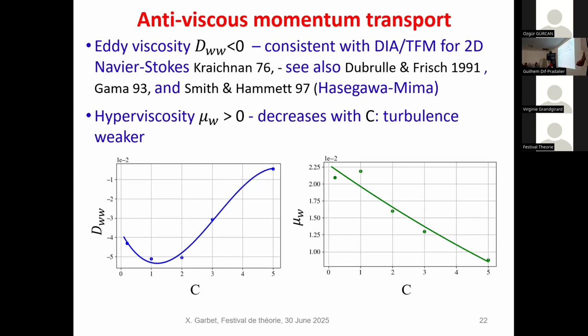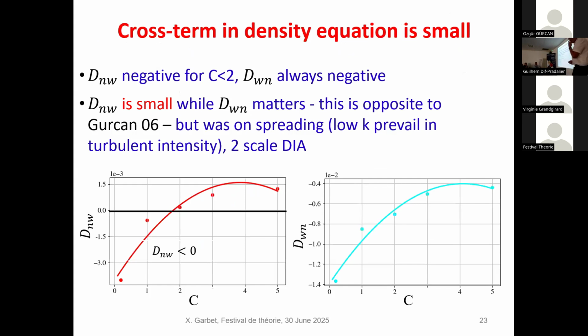Now, before I conclude, the problem, I'm not sure it's a problem, but I think it is the constants. We find that D_NW is negative for small C, not that small, but below 0.2, and positive for C larger than 2.